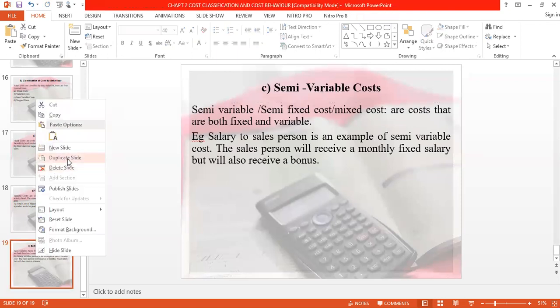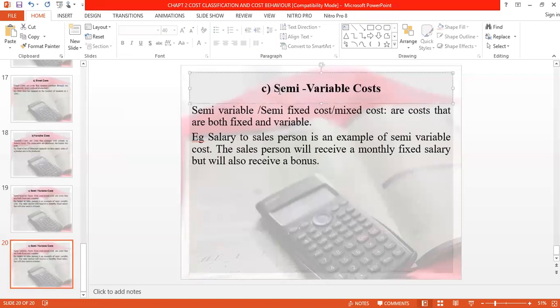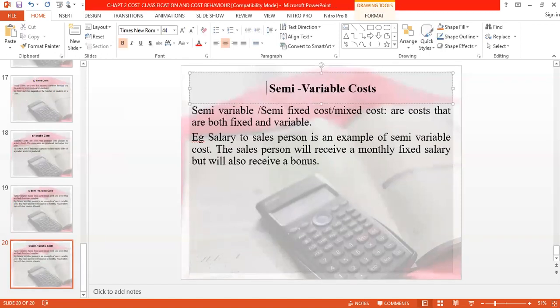Finally, there is what is called stepped costs.